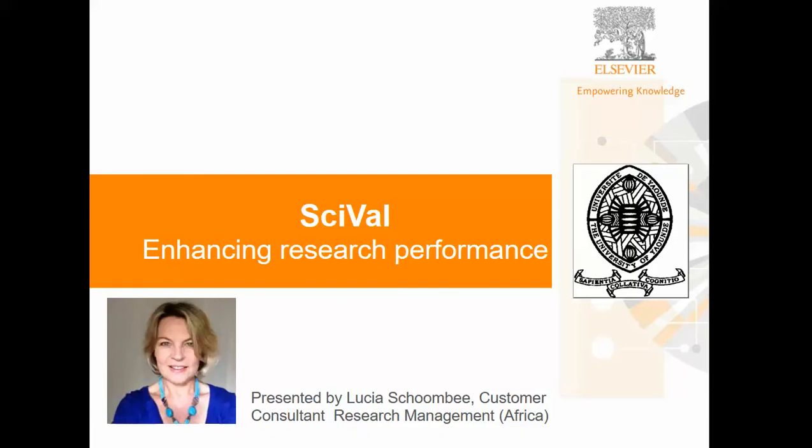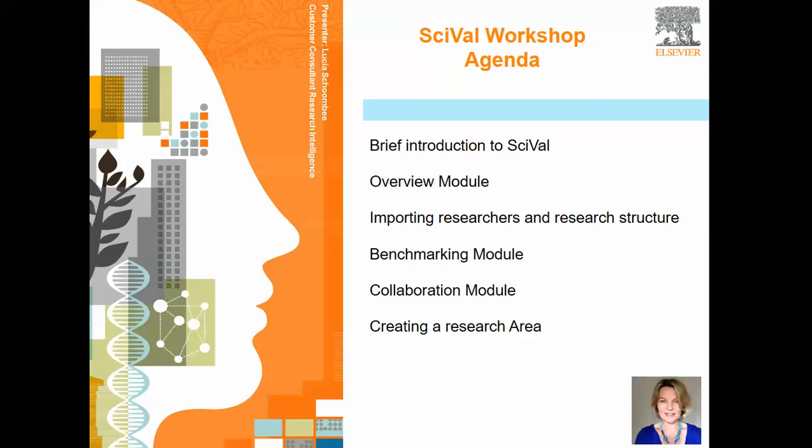So what I would like to do is just to present to you what I will be covering in this session. I'll give a brief introduction to SciVal, about the structure and the architecture of the system, and then we'll look at each of the modules.